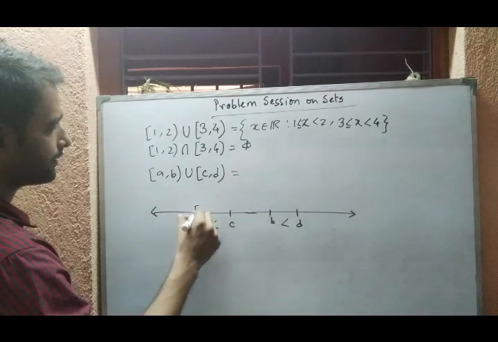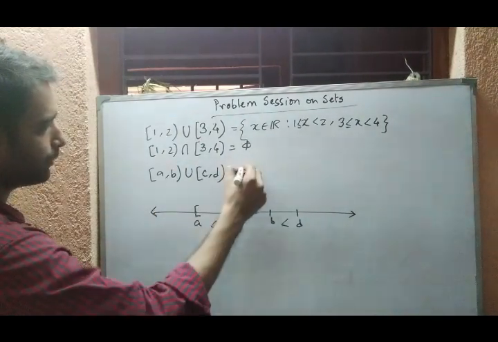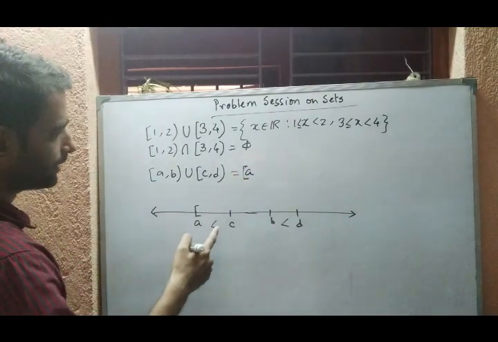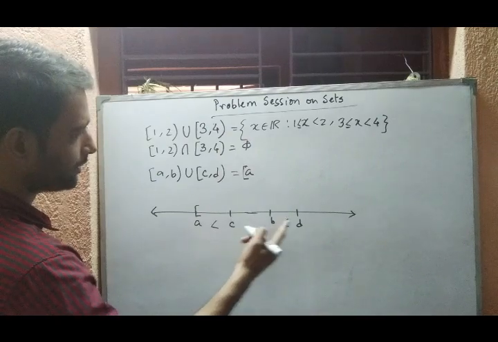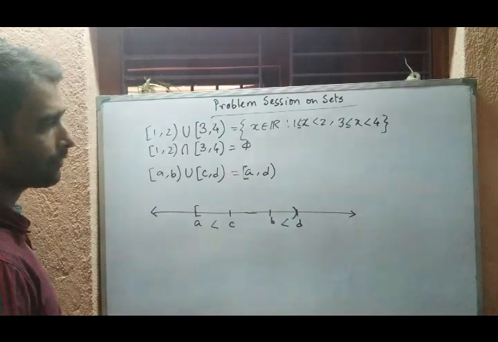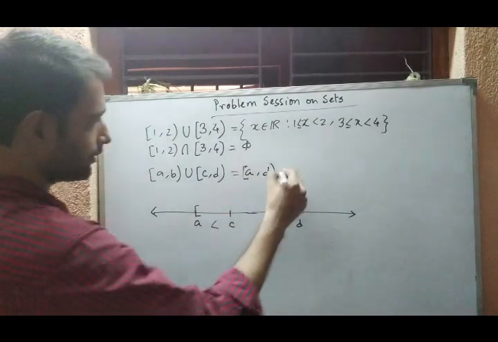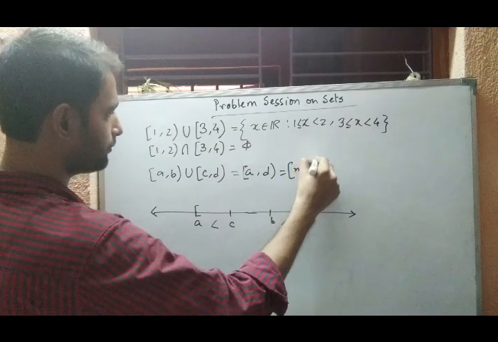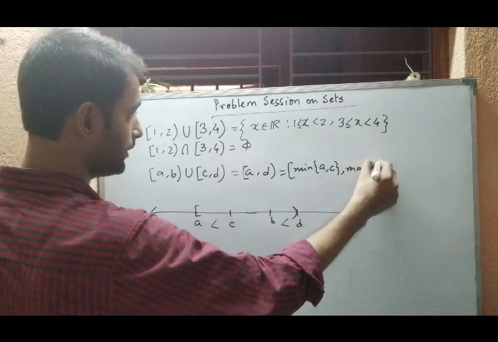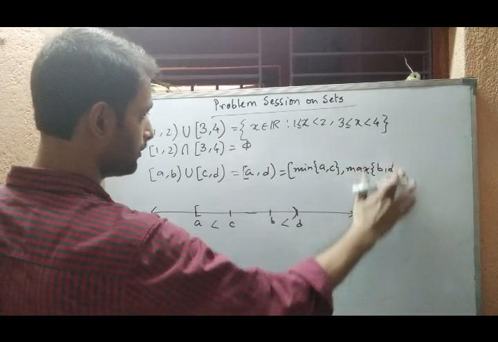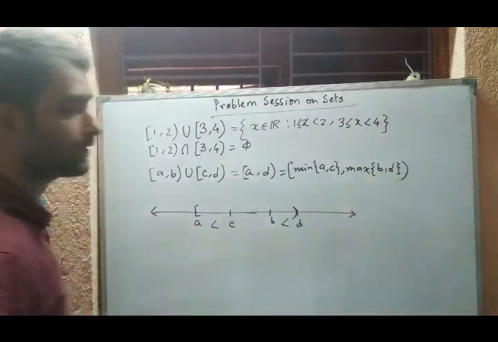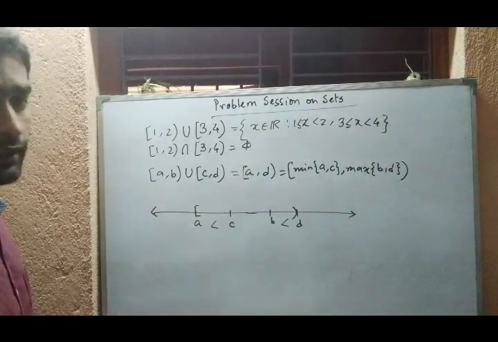So it is a, and since a is with the square bracket, we include a in the interval. For the right-hand corner, it will be d, and this is open. Also we can write it as the minimum of a and c, and the maximum of b and d. Always remember, this holds only for intersecting intervals. If they are not intersecting, this will not hold.